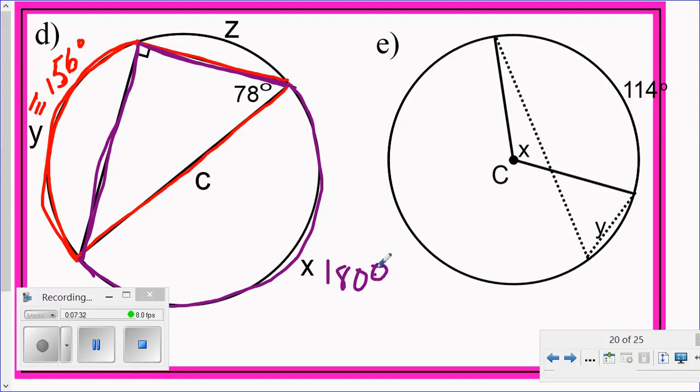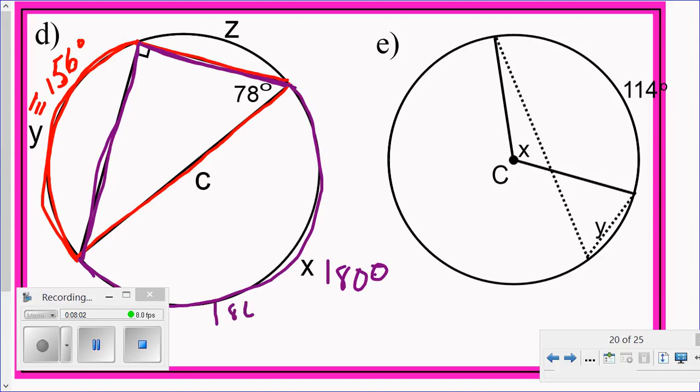180 degrees. Okay, now I want to get that last piece, arc Z, and there are a couple ways I could do that. I could either just focus on the two arcs that I know, 180 degrees and 156 degrees, and I know that they should total 360 degrees for a circle. So I could add 180 and 156 and then subtract from 360. So let's look at that.